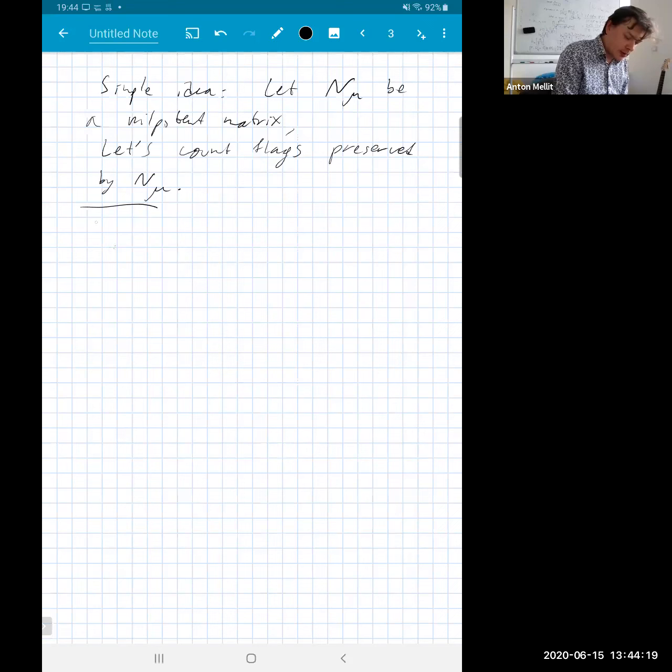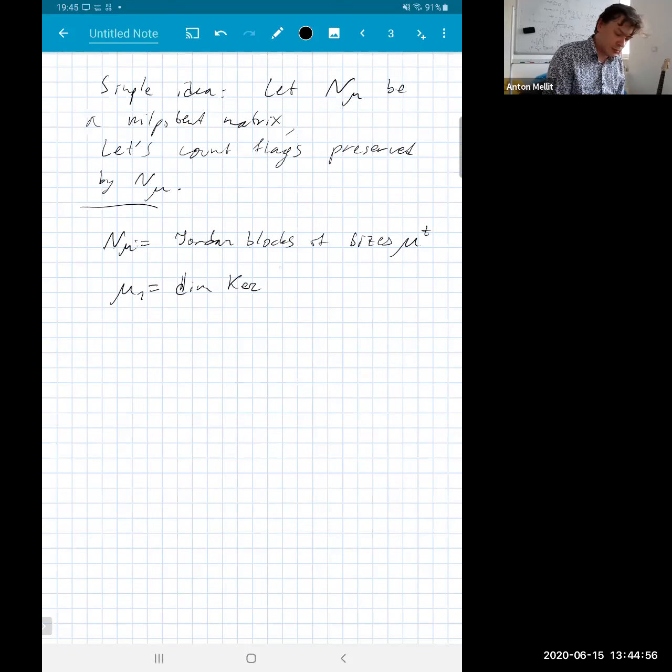Of course, every nilpotent matrix can be made into Jordan form, and this is just Jordan blocks of sizes mu transpose partition, so that we have mu1 is the dimension of the kernel, mu2 is the dimension of the kernel of n mu square modulo kernel of n mu, and so on.